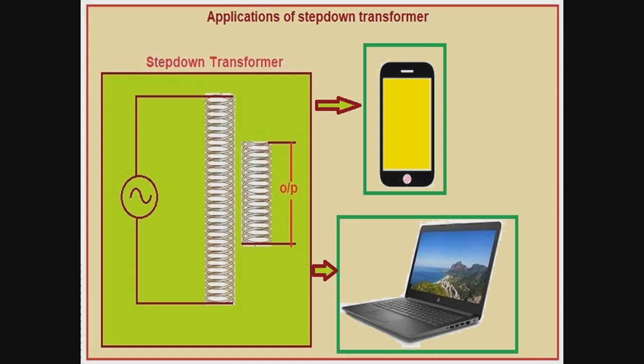Now applications of the step down transformer. For charging mobile phones and laptops, we can use a step down transformer, but you cannot deploy it directly. In between there is another component, a bridge rectifier, to be deployed between the mobile or laptop and the step down transformer.